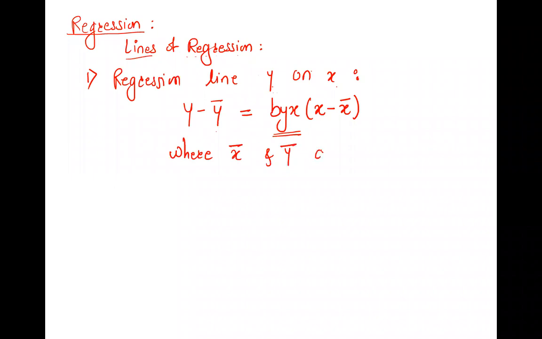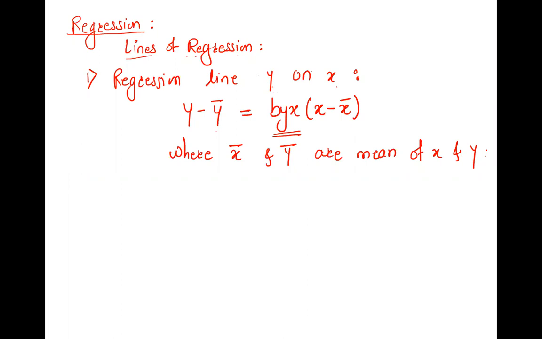X bar and y bar are generally used for mean. So x bar and y bar are the mean of x and y. Do you know how to find the mean if you have x and y data with you? What is x bar? What is the mean of x? If you are given 10 values of x, what is the mean?